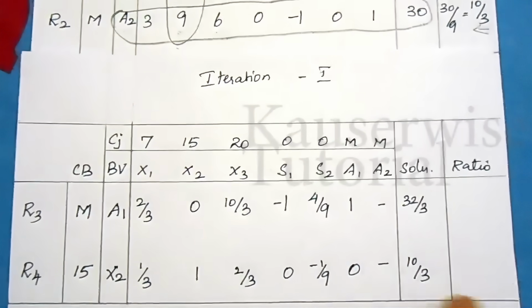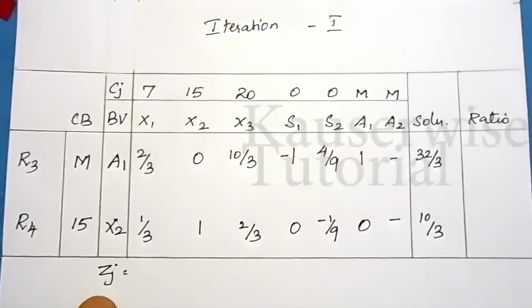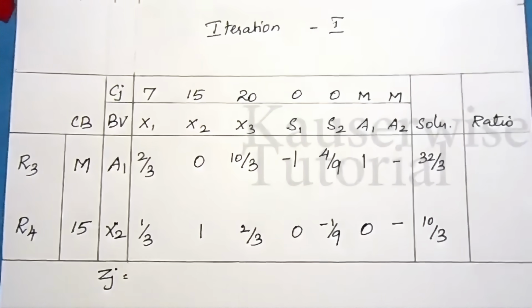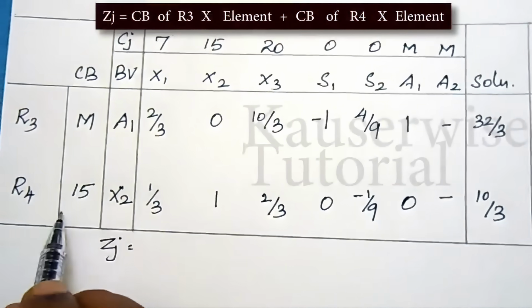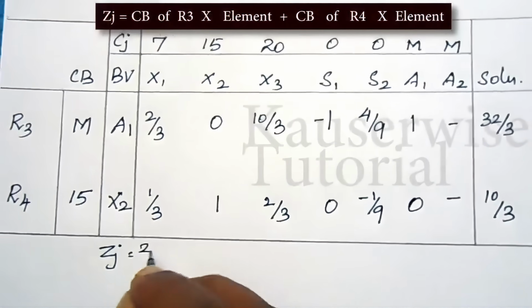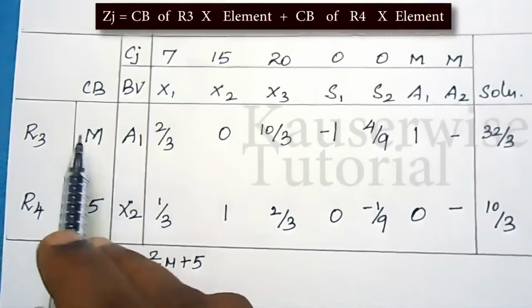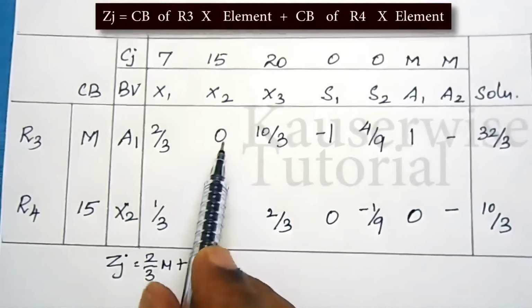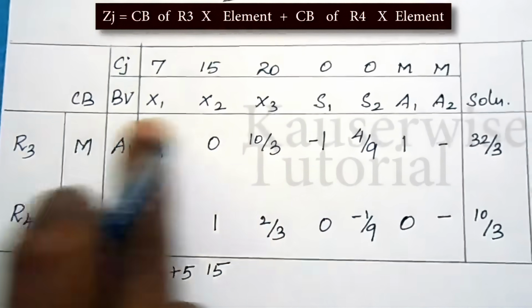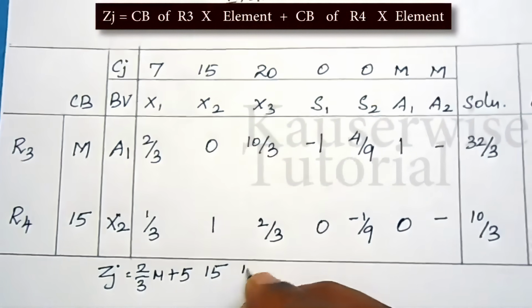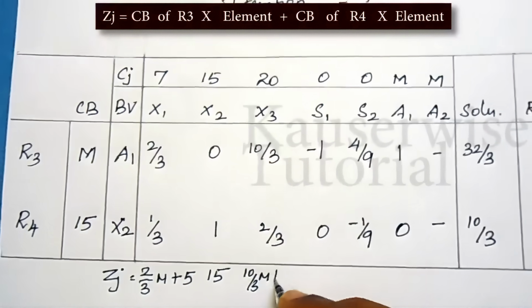After framing all these things, the next step is to find Zj. In order to find Zj, you follow the same procedure as we did in the initial table. For the first value, M into 2 by 3 plus 15 into 1 by 3. The answer is 2 by 3 M plus 5. For the second value, M into 0, 0, plus 15 into 1, 15. Next value, M into 10 by 3, 10 by 3 M, plus 15 into 2 by 3, plus 10.